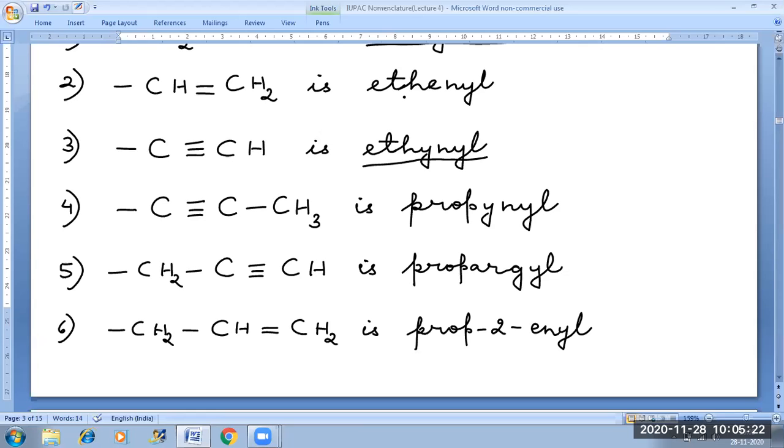Propargyl. So the fifth one is propargyl.